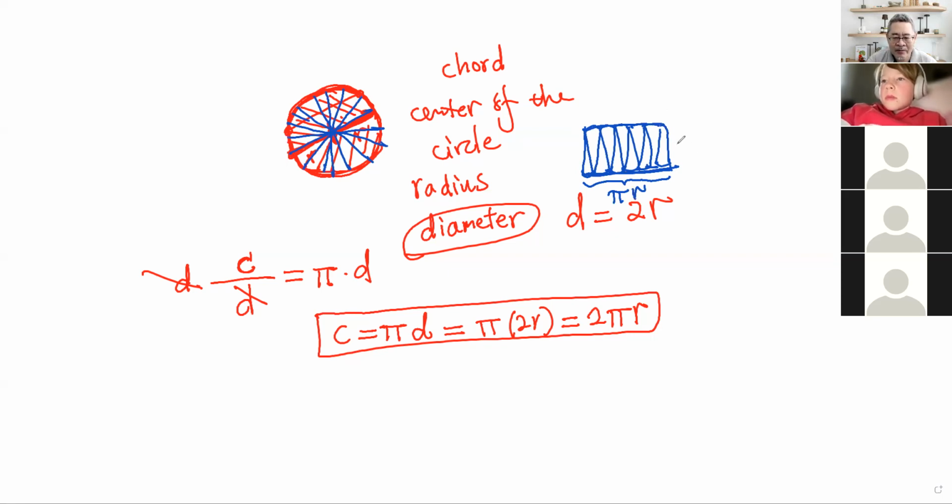And the height here, of course, is just our radius, r. So our area for a circle is the base, which is pi r, times the height, r. So now we get pi r squared. And so we get another formula: the area of a circle is pi r squared.